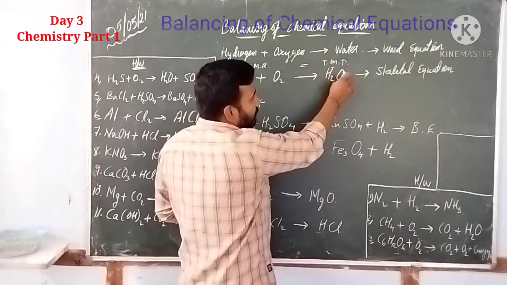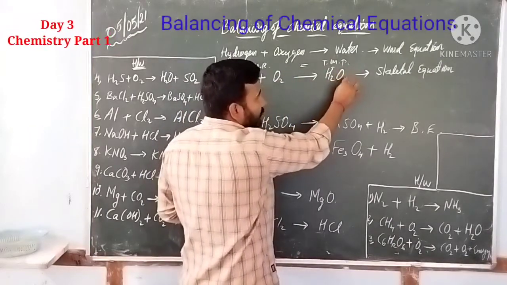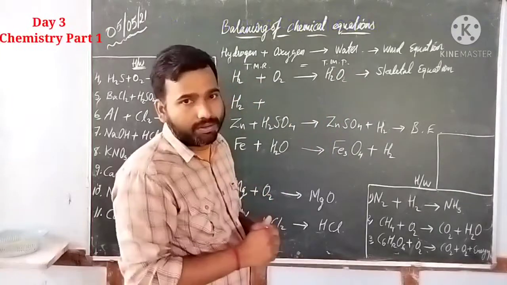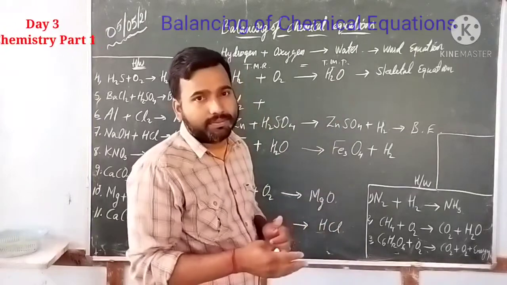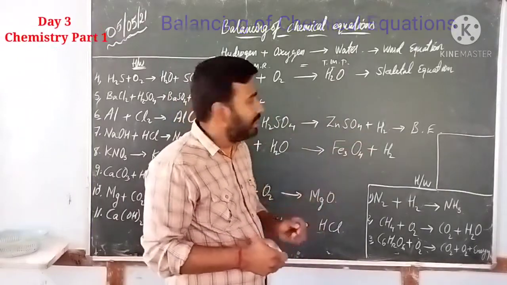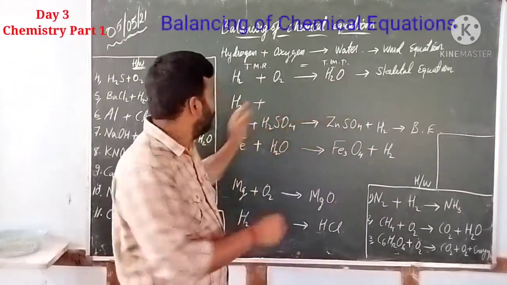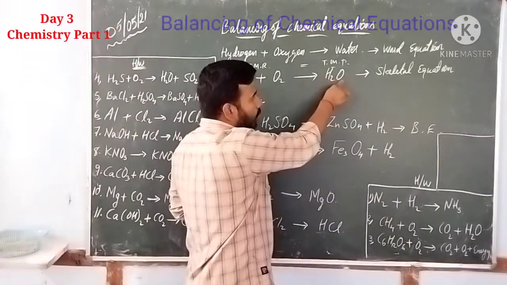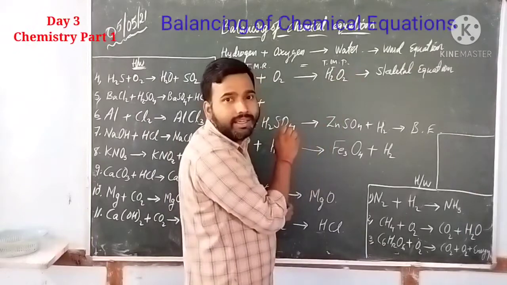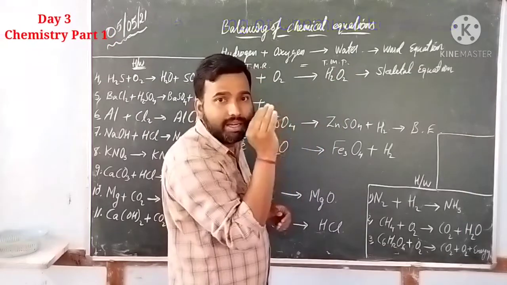In order to make the same on the right hand side, if we write 2 here, that will be wrong. Why? H2O2 is another compound, which is called hydrogen peroxide. So we are not allowed to change any subscripts, such as in H2O. So we cannot write anything here in order to balance a chemical equation.